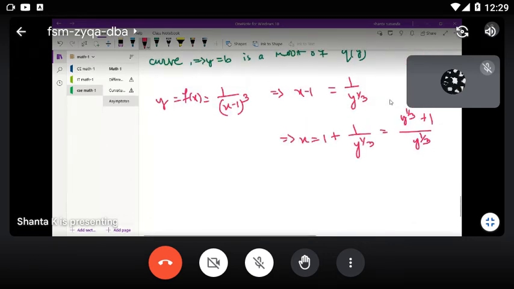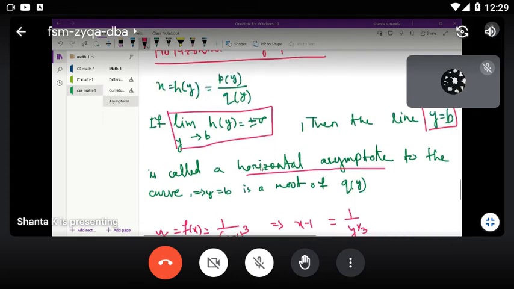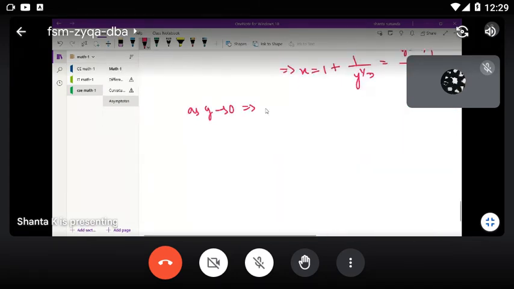This is the odd one. So here you can see, as y approaches 0, we are considering h(y), x equals h(y). h(y) approaches infinity. This implies y equals 0 is the horizontal asymptote.